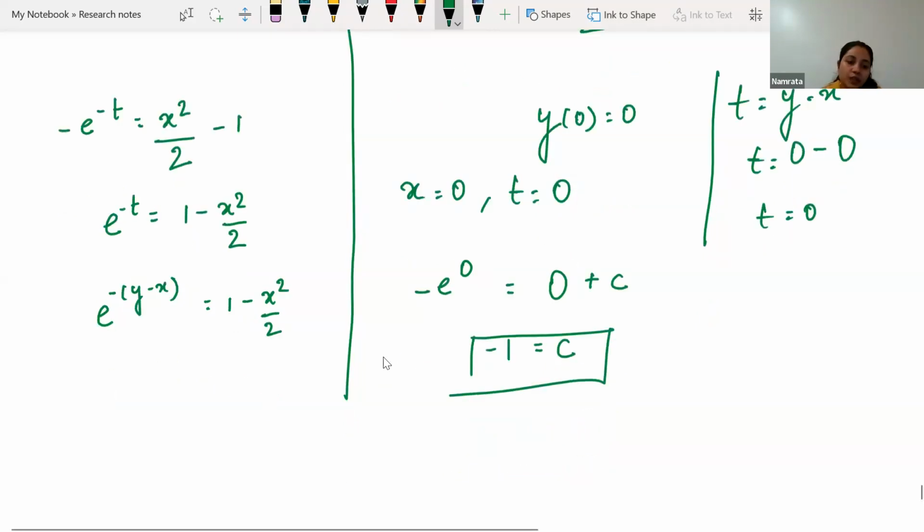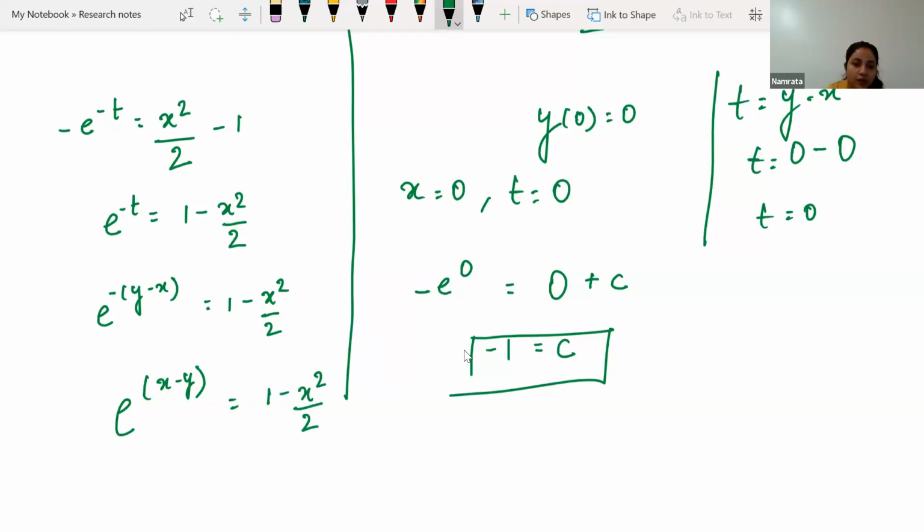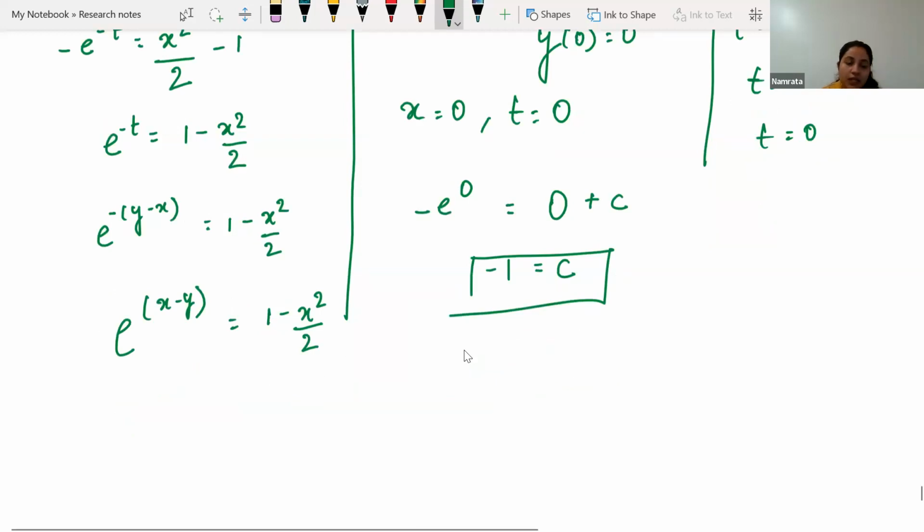So e to the power x minus y becomes equal to 1 minus x square by 2. We can write it as 2 minus x square by 2. Here, e to the power x minus y.